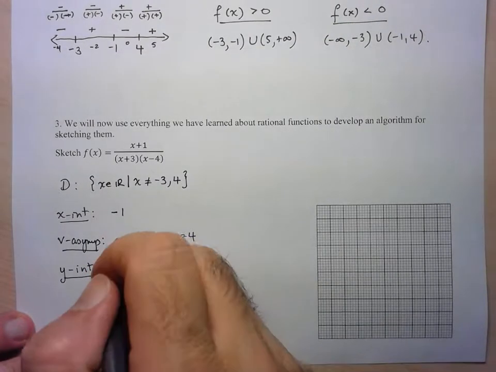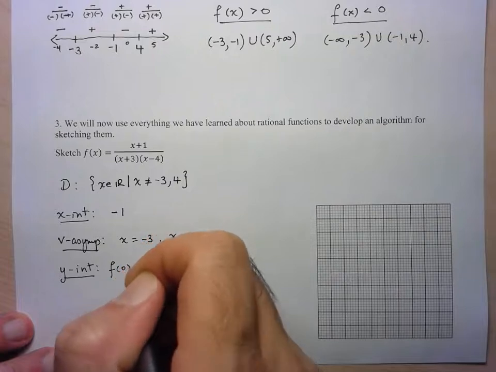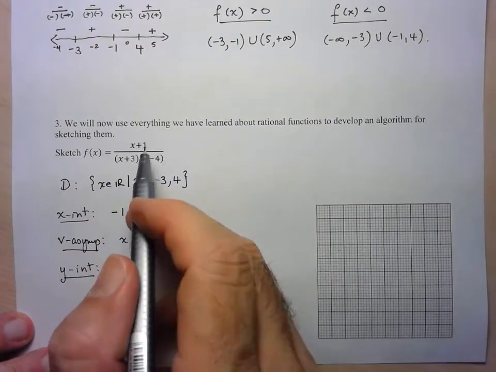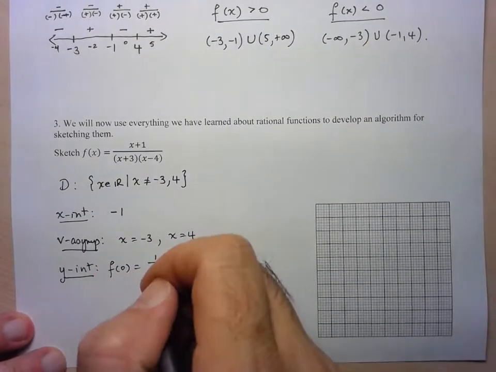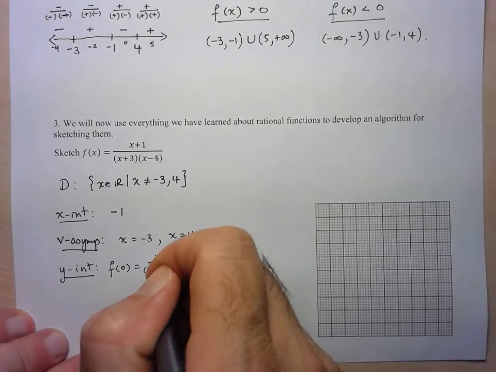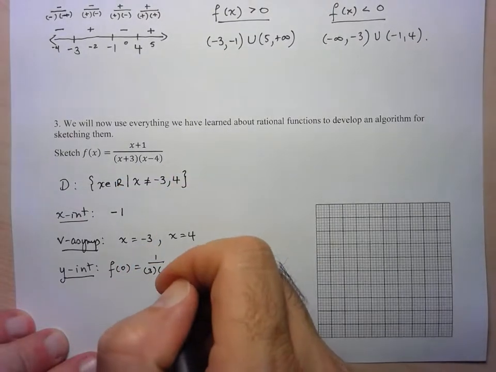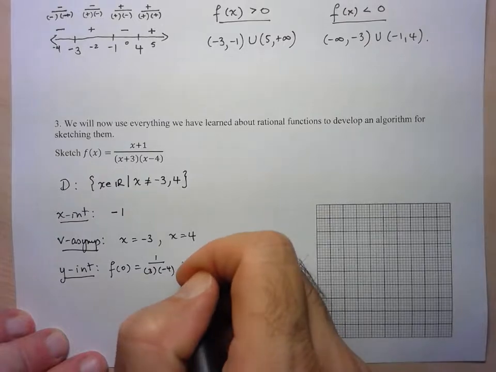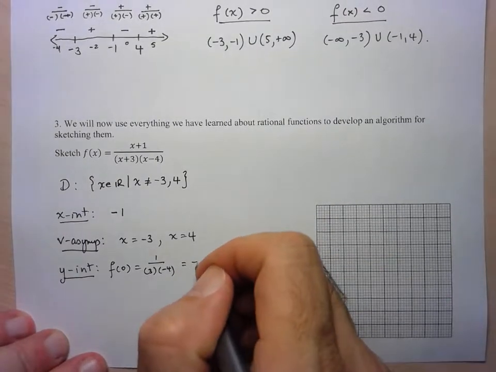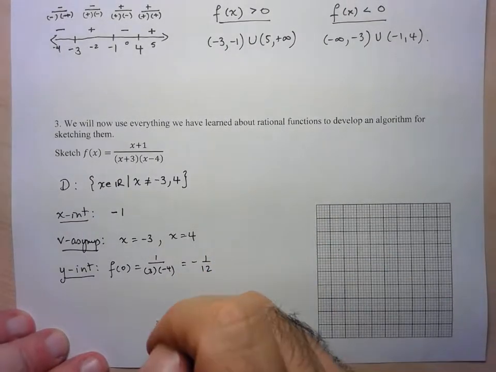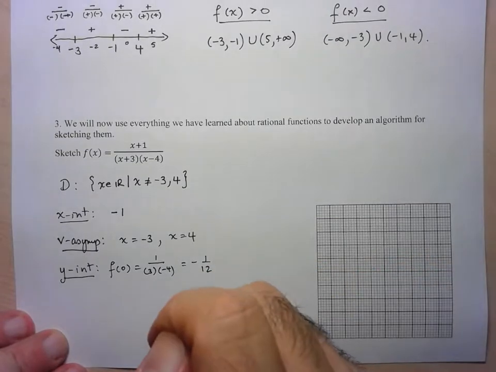Okay, so what is f at 0 equal to? Well, let's put this in. 0 plus 1 is 1, 0 plus 3 is 3, and 0 minus 4 is -4. Okay, so we see that the y-intercept is just -1 over 12. So it might be something we'll use when drawing the graph later on.